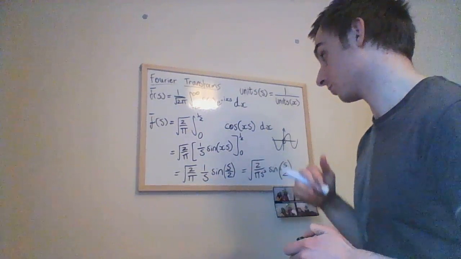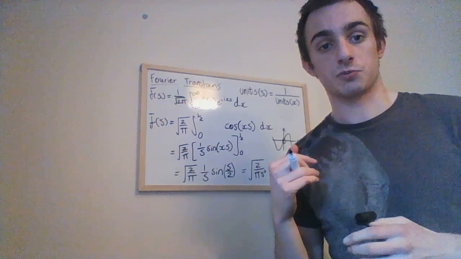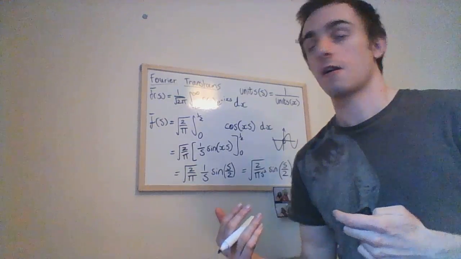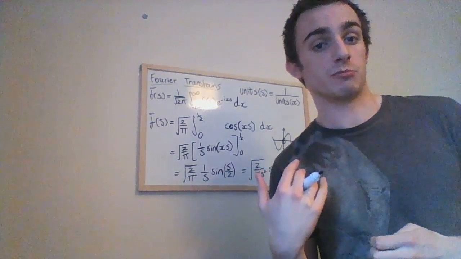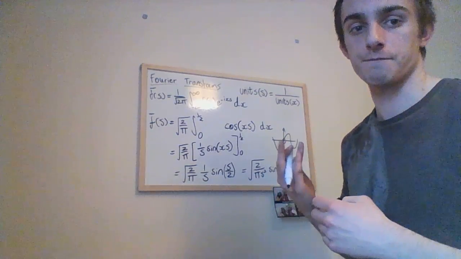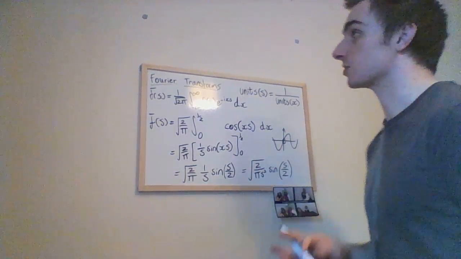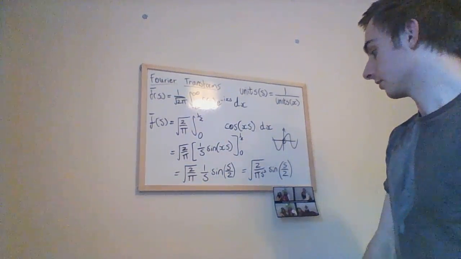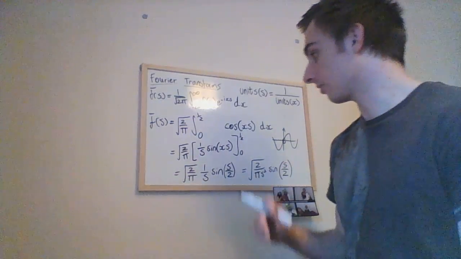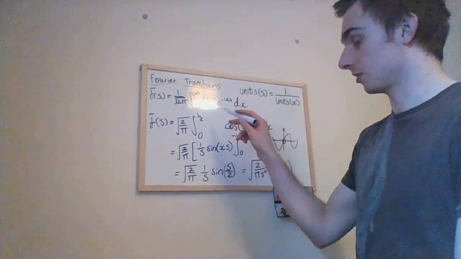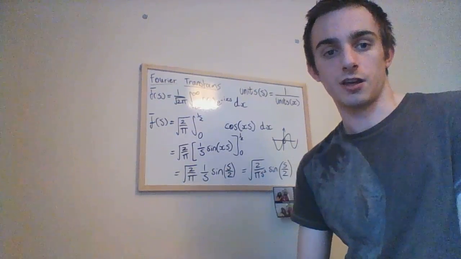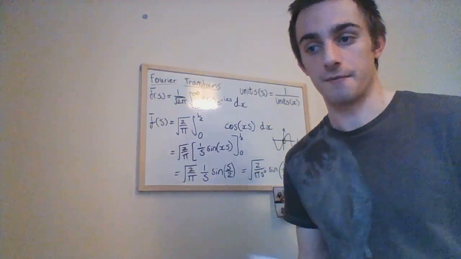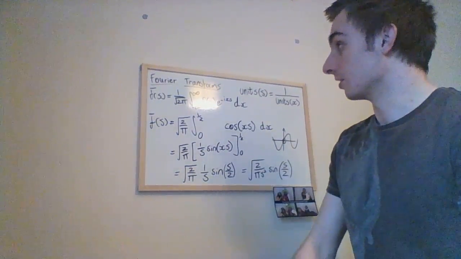So if this was some sort of movement in space, we would now have a term in terms of spatial frequency. If this was some sort of time step, we would have something in terms of hertz, or generic frequency or rate. So that's it. If we had done it without the simplification with the cos, we would have come up with the same answer. It just saves a bit of time, saves you working with imaginary numbers and the likes of that. So that's a basic example of a Fourier transform.